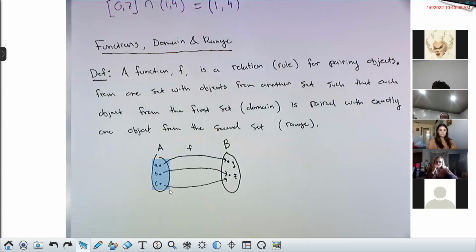So I want you to think again, does this or does this not satisfy that definition? Is there any object in the first set that gets paired with more than one object in the second set? There is not any. This does describe a function.